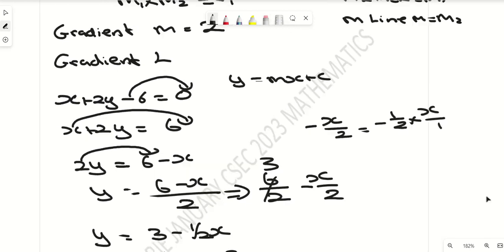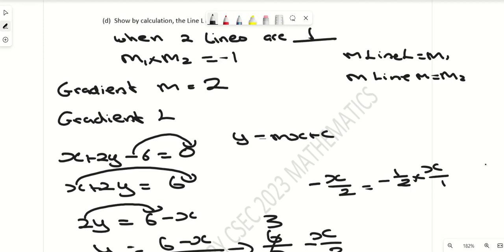Now, according to this rule of thumb here, if we multiply 2 by negative a half, we're supposed to get negative 1 if they're perpendicular. So 2 multiplied by negative a half is actually negative 1. So this is how you can show that these two lines are perpendicular.